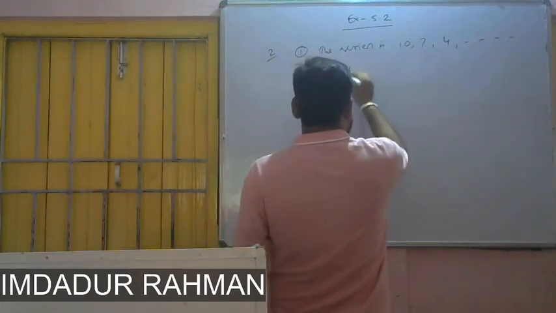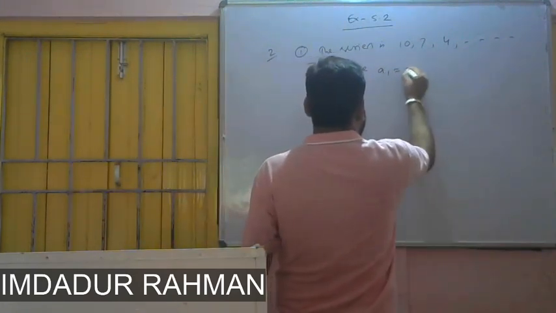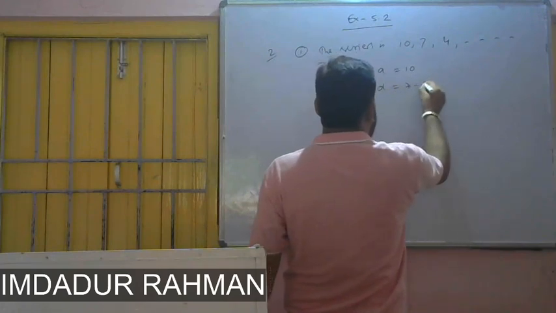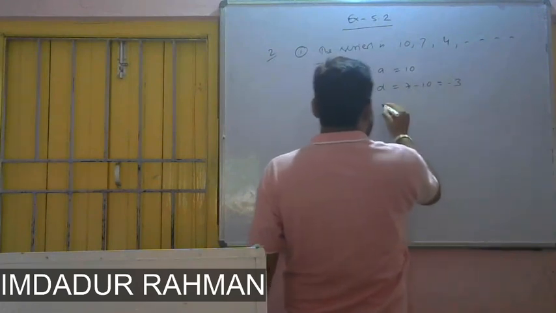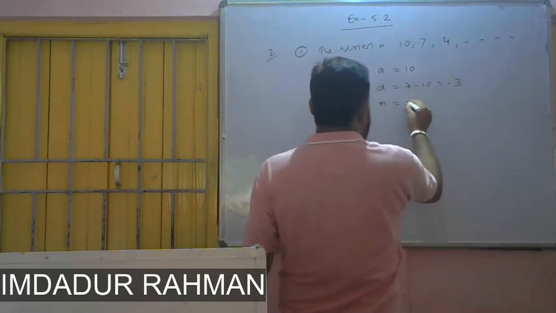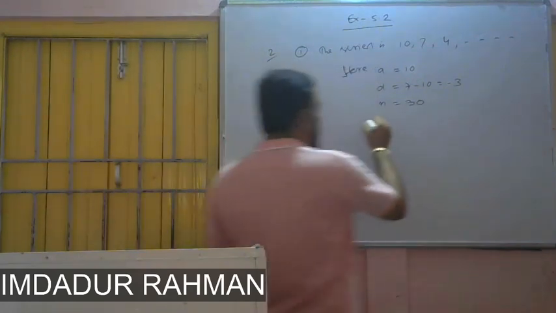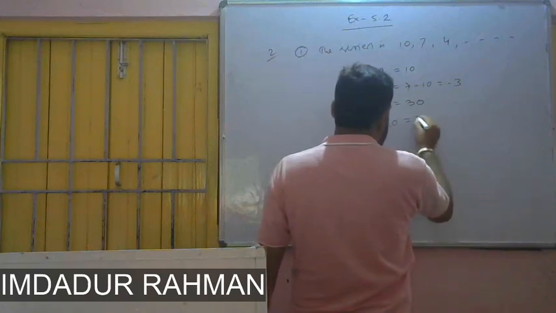Here A1 is equal to 10, A is equal to 10, D is equal to 7 minus 10, that is minus 3, N is equal to 30, because the 30th term we have to find out. A30 equal to question mark.